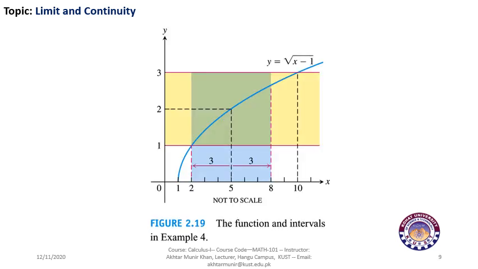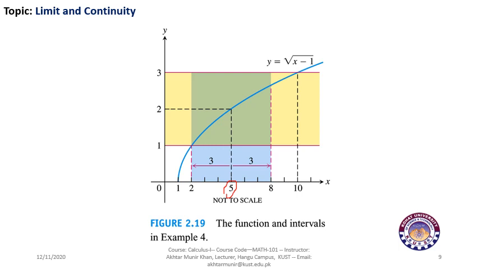Now consider another curve, which is y equals the square root of the absolute value of x minus 1. So suppose we have y equals the square root of absolute x minus 1.